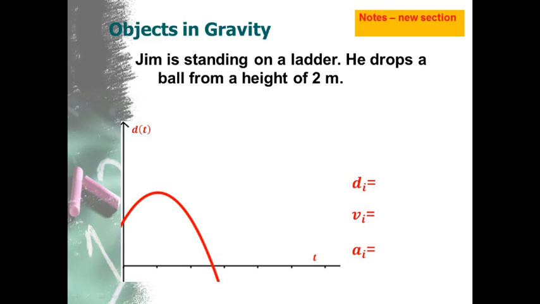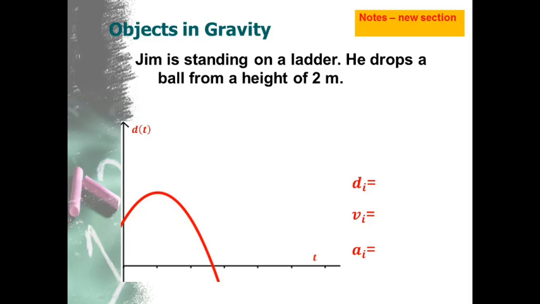So things like Jim throwing or dropping a ball from a height of 2 meters. Gravity is a constant acceleration. I proved that to you by using the book today. So let's actually use what we understand about constant acceleration to work through a problem similar to this.